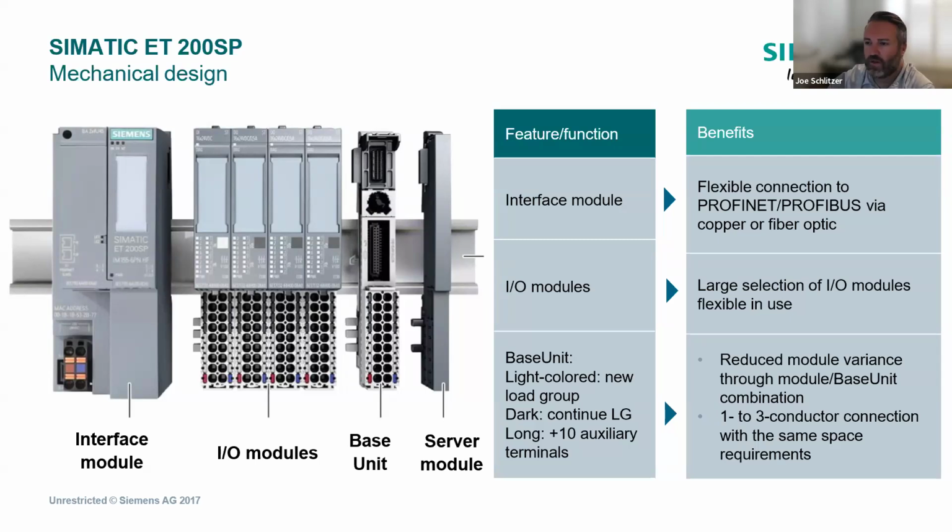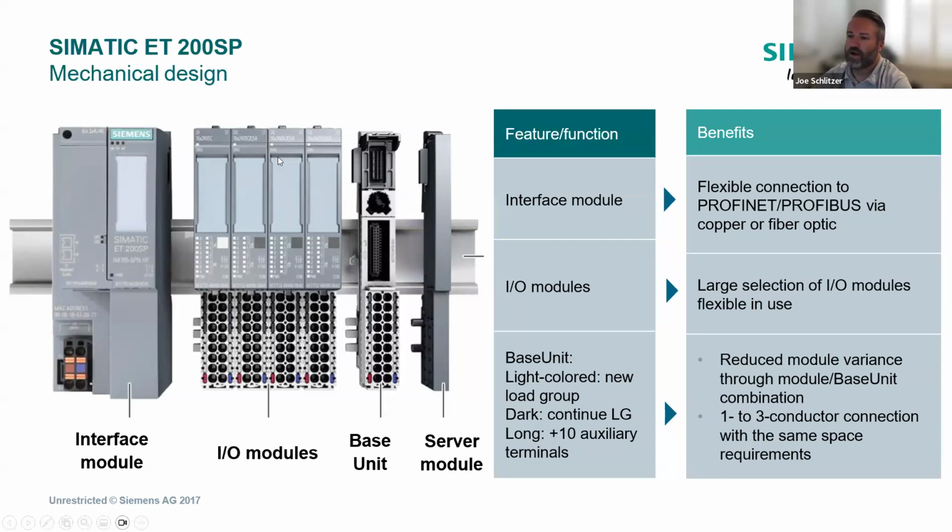So if you're working with remote I/O, which is shown here, your first module is going to be the interface module. This interfaces with the CPU. You bring in your power, but then here there's actually a port, or different types of ports, for Profinet. It can be Profibus as well. Or if you need fiber, there are connectors for fiber as well.